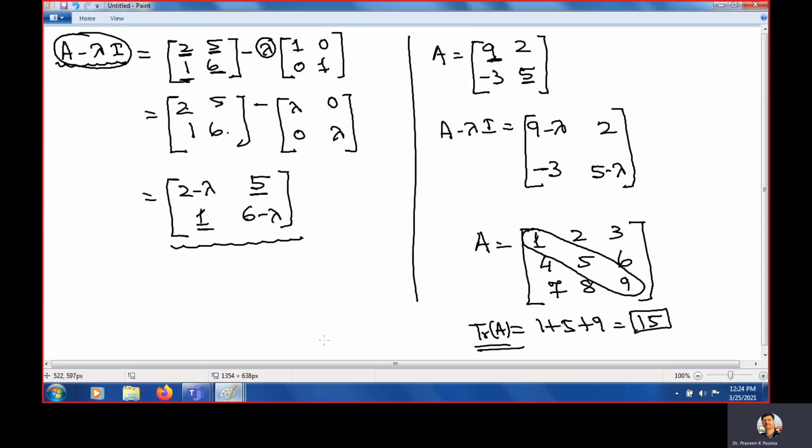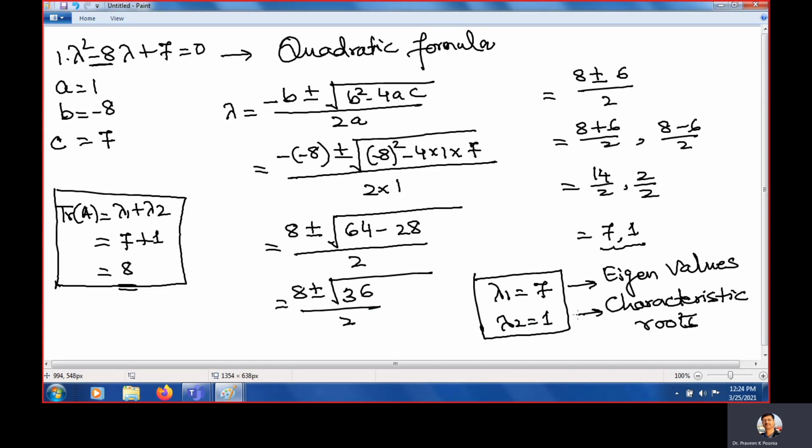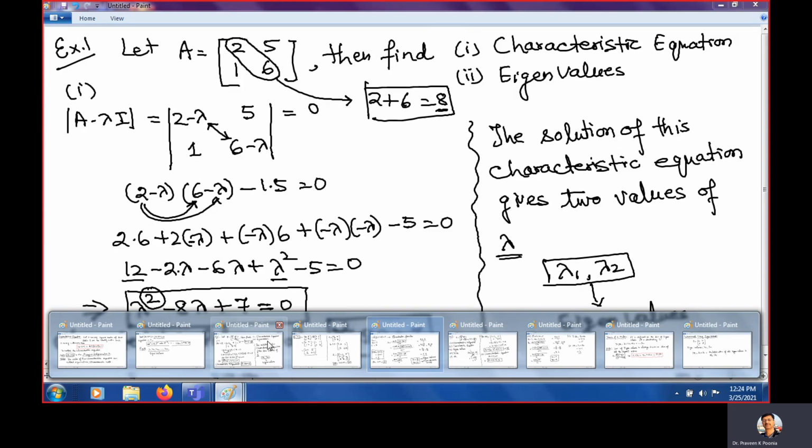Similarly, if you want to find the determinant in this case, what are the eigenvalues? 1 into 7. So you can find 1 into 7, and it is equal to 7. So the determinant of this matrix is 7, because it is the product of eigenvalues.